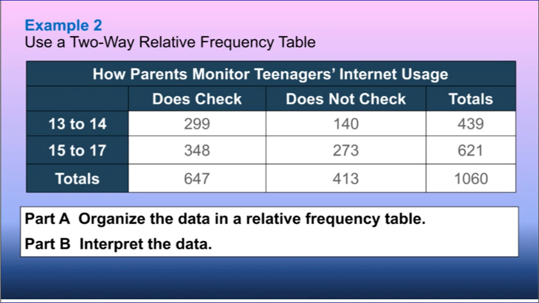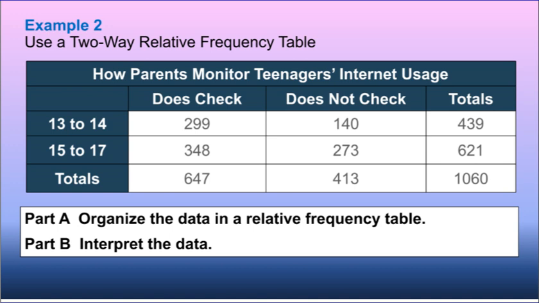So I have a lot of this completed for us. They gave us the data here. And in part A, we're going to organize the data in a relative frequency table. The table is going to look very similar to what we currently have. We're just going to change these inner boxes to a percentage.